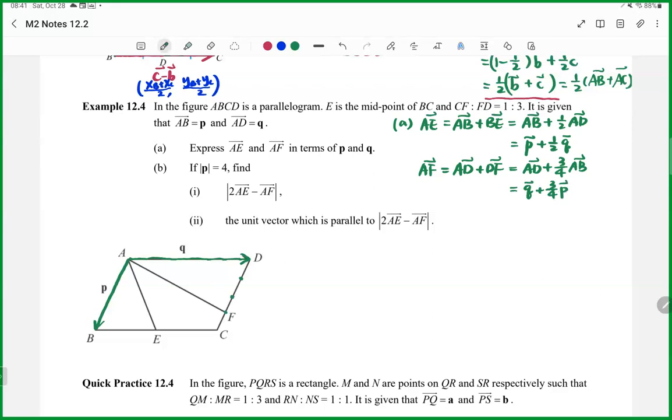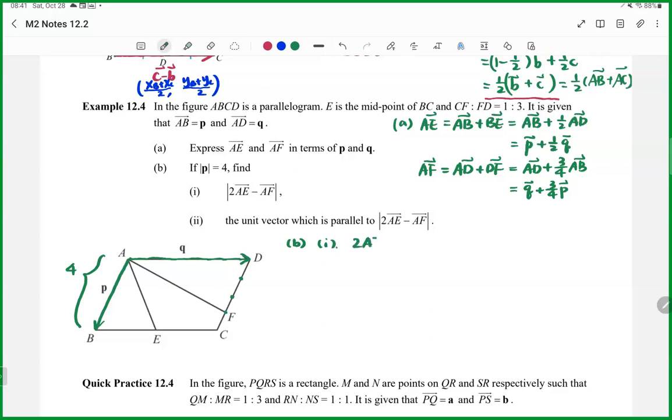Okay. Part B. If the length of P equals 4, so this length is 4, find the length of 2AE minus AF.